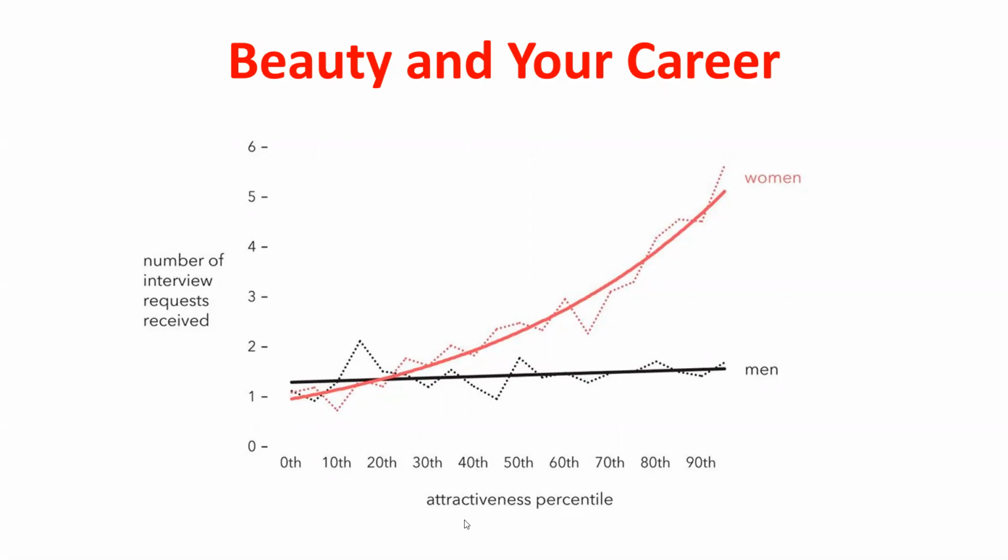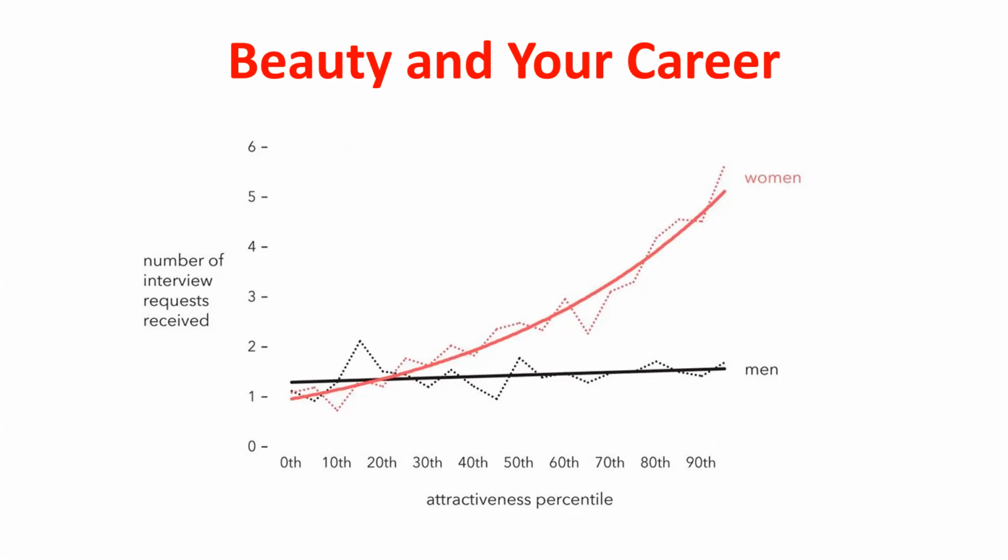Right? So when they estimated these relationships and then drew these lines of best fit, for men, it was positive, but really small, right? So there is some link between attractiveness and, not wages, but here it was the number of interviews for men, but notice for women, how much higher that was, right?